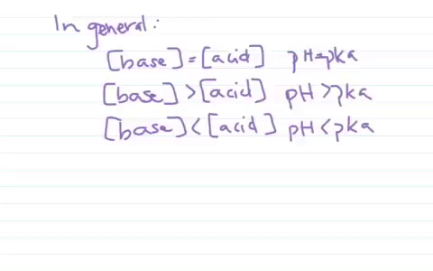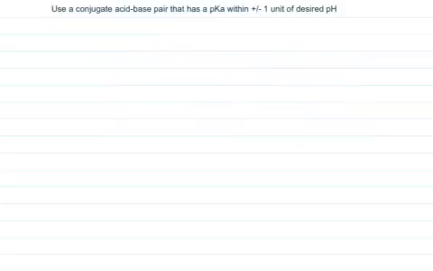When our base is less than our acid concentration, our pH is less than our pKa, or our pH is more acidic than our pKa, or our pKa is more basic than our pH. Now remember, when we use a conjugate acid-base pair that has a pKa, we want it within plus or minus 1 unit of the desired pH.